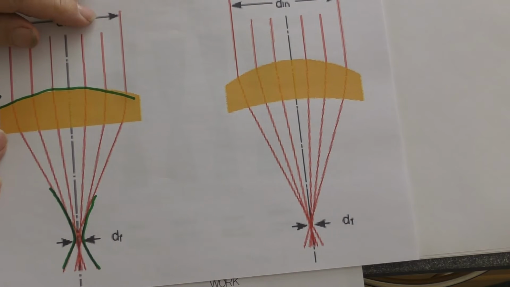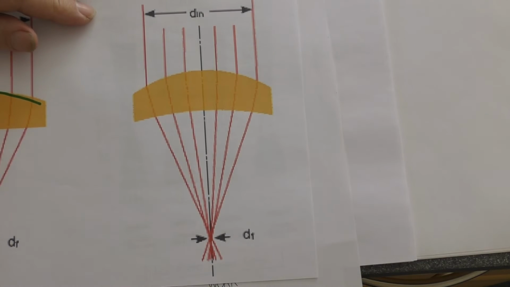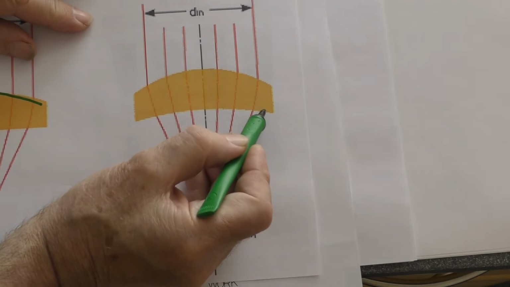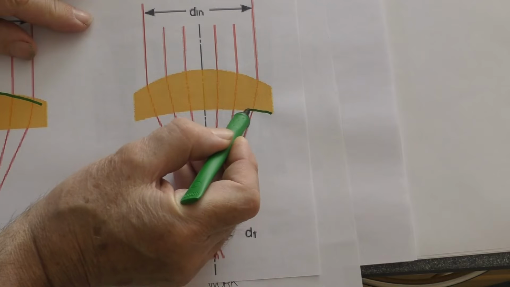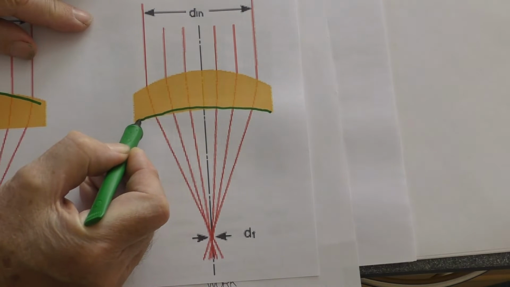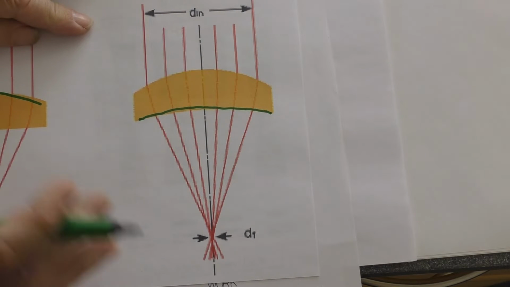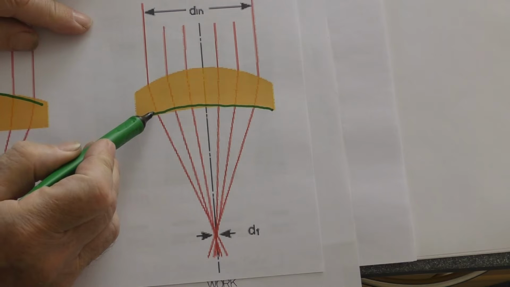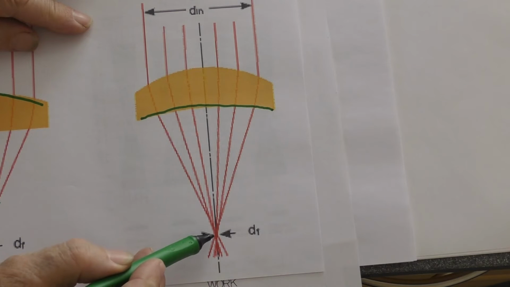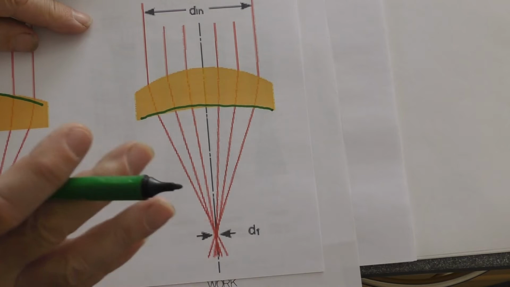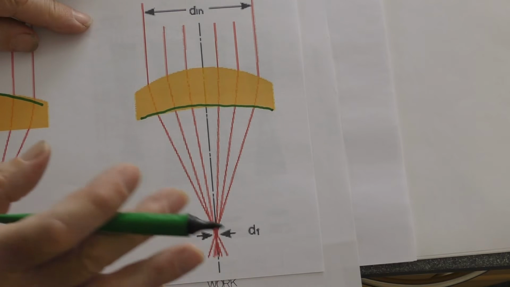The way that you can fairly cheaply correct for it is to put another spherical shape on the underneath of the lens. And that causes a refocusing, and it helps to reduce the fuzziness down. It doesn't get rid of it completely, it just reduces it to something much more manageable.